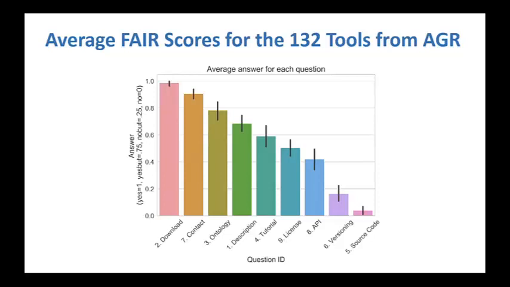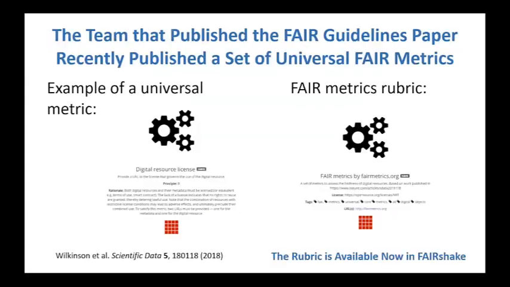So this is an exciting cycle where the main purpose of this tool is to inform people about how to make the resources more accessible, more findable, and give them feedback about things that they may have forgotten or were not aware of. So these assessments were done manually, and where we're going is towards more automated assessments.